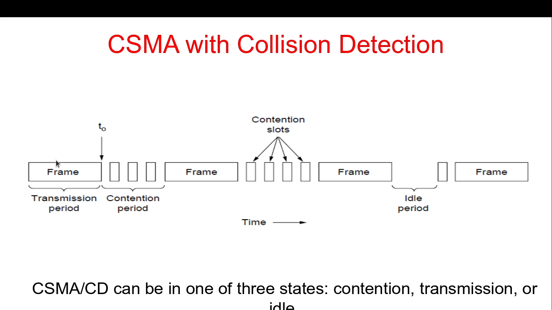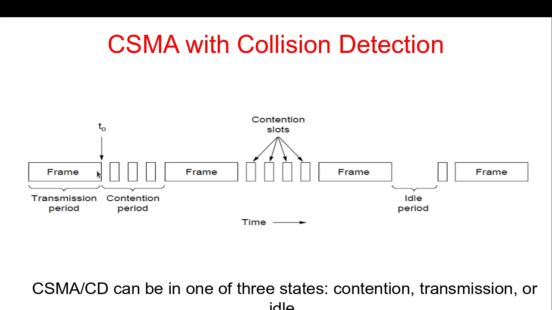So let us say, for example, at time t0, a station has completely transmitted a frame. The time goes like this. So at time t0, one station has finished transmitting its frame. That's a transmission period.